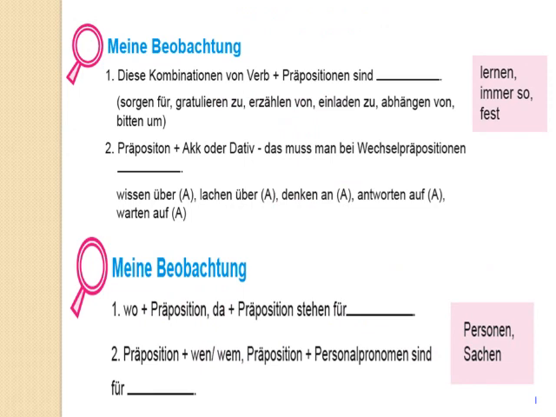Meine Beobachtung. Diese Kombinationen von Verb plus Präpositionen sind fest. Zum Beispiel sorgen für, gratulieren zu, erzählen von, einladen zu, abhängen von, bitten um und so weiter.